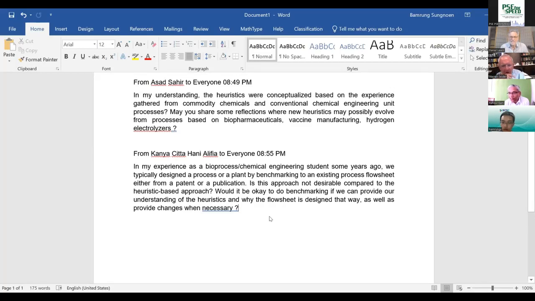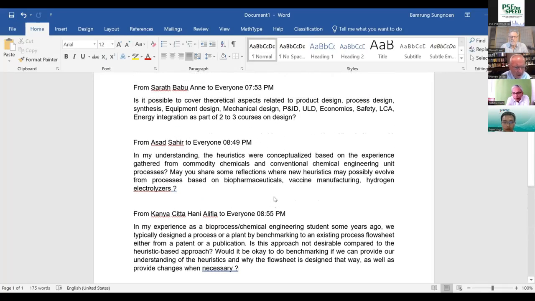Well, for the second question, I can say a couple of things. The issue about the heuristics, as you move to biopharmaceuticals or vaccine manufacturing: are they different?